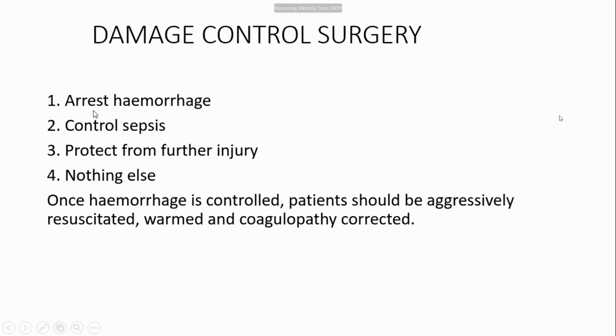You have to arrest hemorrhage, control sepsis, protect from further injury. Nothing else. You have to act as fast as you can, so that we have no time to do the definitive surgery. We just need to control and arrest the hemorrhage, control sepsis, protect from further injury, and we'll do the definitive treatment or definitive surgery after 2 or 3 days once the patient is stabilized.